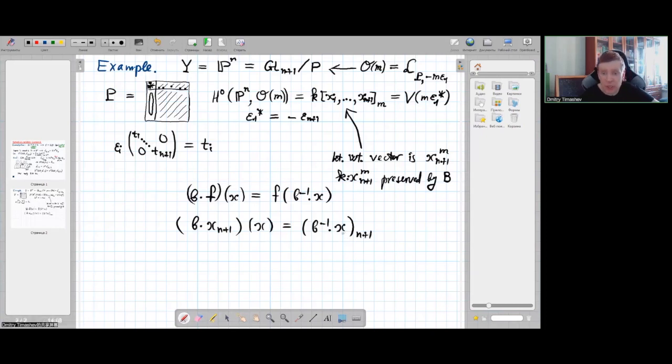But it is easy to see that when you act by an upper triangular matrix on the column vector, then the last coordinate is just multiplied by some scalar. And this scalar is the inverse of the lower right corner element of this matrix. So this means that the character is minus epsilon n plus 1. This is for linear functions. And when you take the mth power, then you just multiply by the mth power of the character.